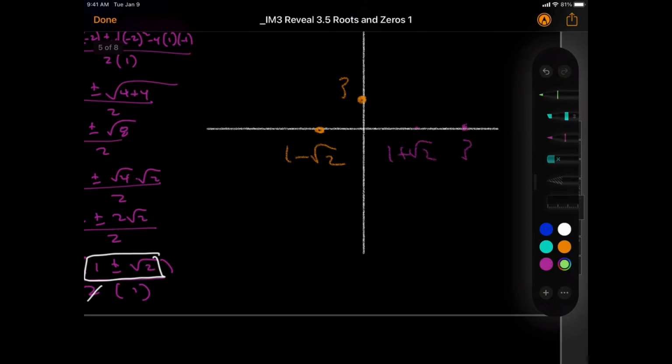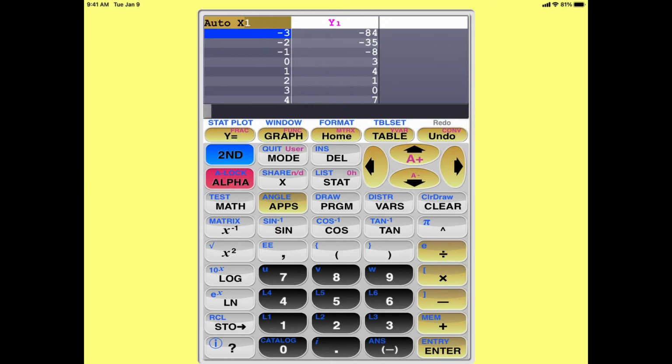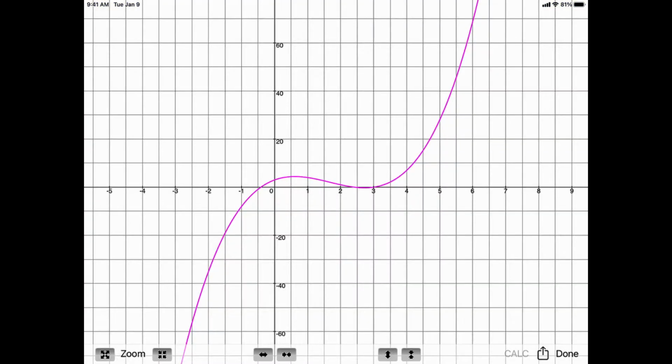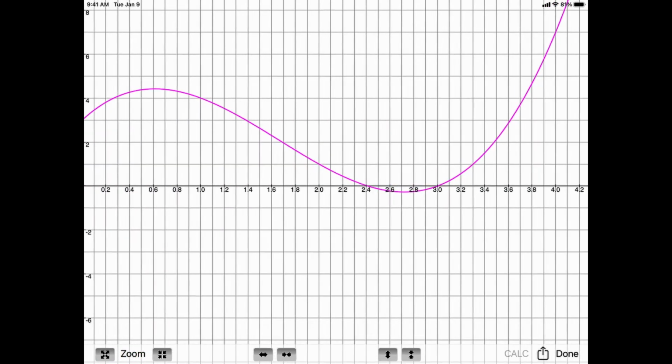Okay, so our graph is going to be an odd degree. So it's going to do some shoot-throughs, something like that. And art lesson, if you forget this. And then you can kind of see that in our graphing calc. Graph. See?